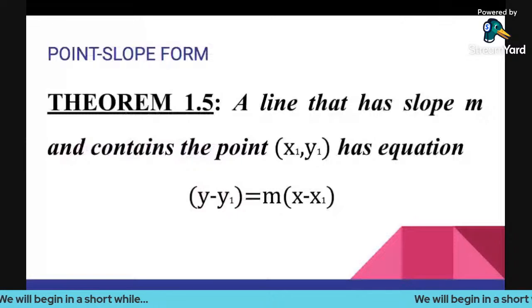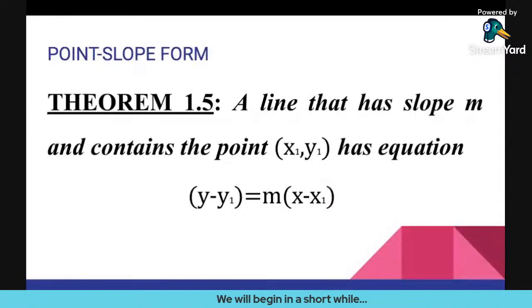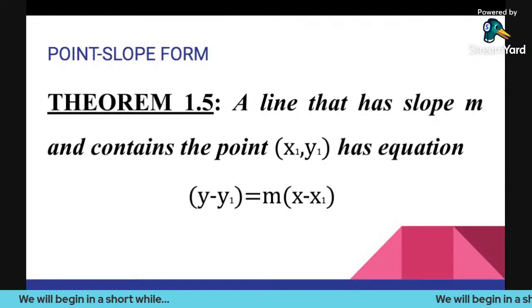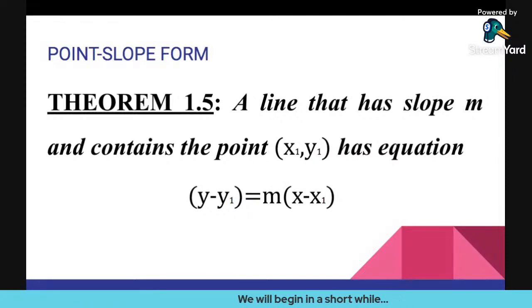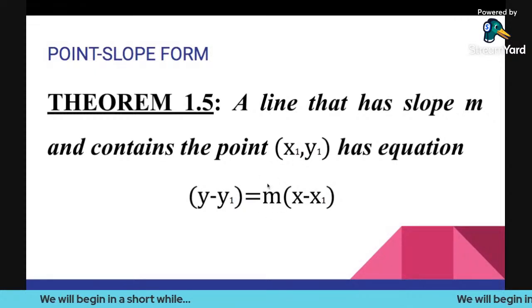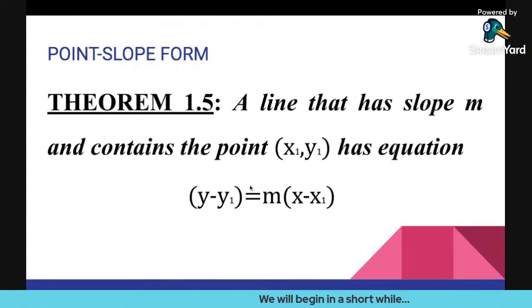It says a line that has slope m and contains the point x sub 1, y sub 1 has the equation y minus y sub 1 is equal to m times x minus x sub 1. Take note, m here is the slope of the straight line. Let's check how we arrived at the point slope form.